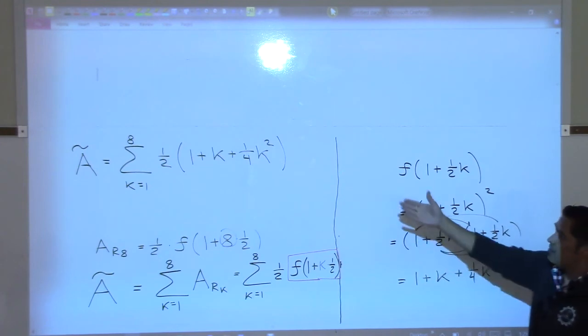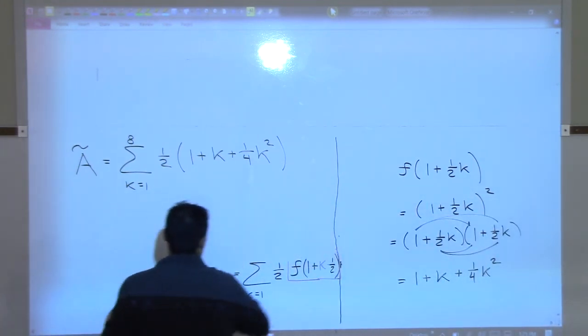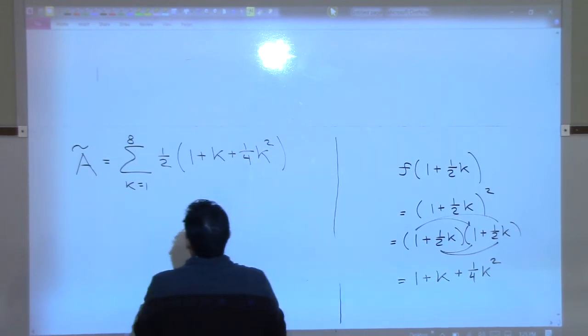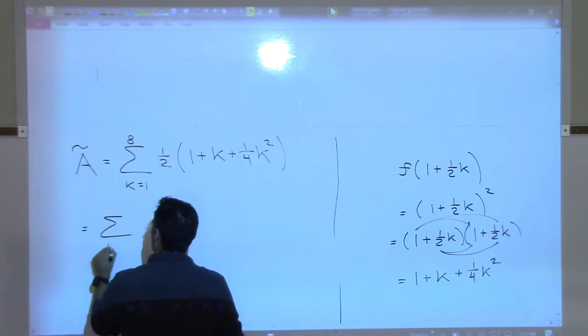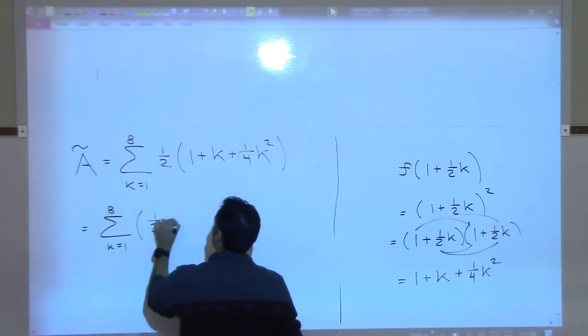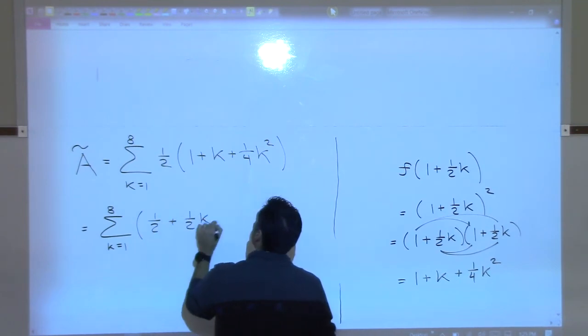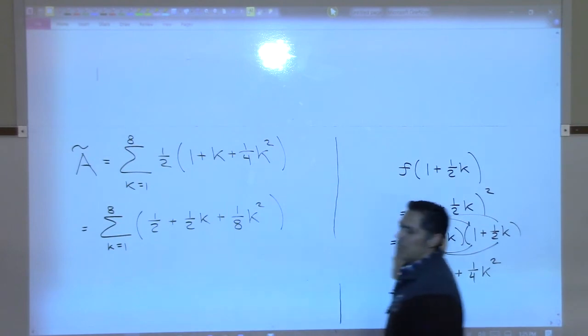And if I can do this sum, I'm good. Okay, so let's try and do this sum. Okay, watch what I do here. This equals sum, see if you can follow this. k equals 1 to 8, 1/2 plus 1/2 k plus 1/8 k squared. So all I did was distribute the 1/2 through, right?